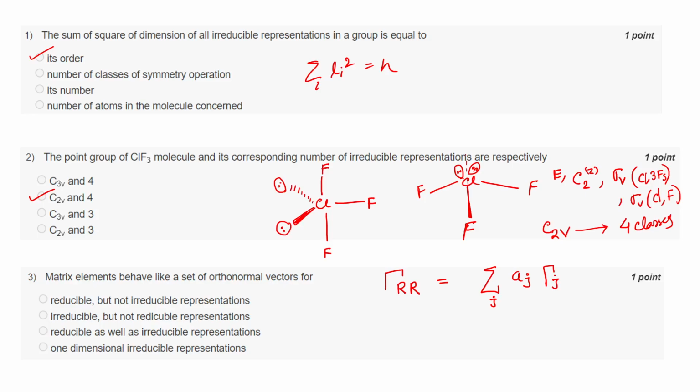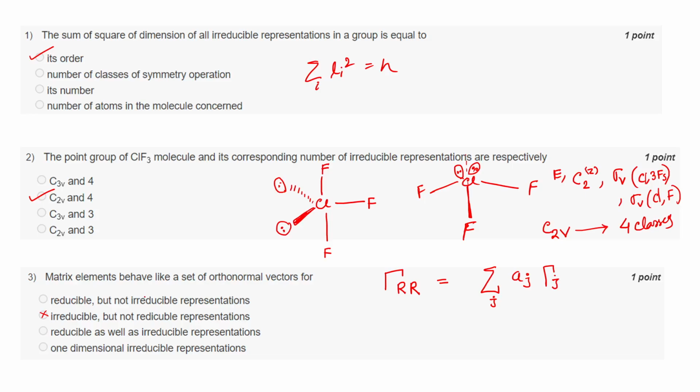I am not arguing that we can obviously do it for irreducible, but can we not do it for reducible representations as well as orthonormal vectors? Because our reducible representation is nothing but a sum of irreducible representations. So when we break it down, it becomes orthonormal again. So see, the options: irreducible but not reducible representation, that is not correct.